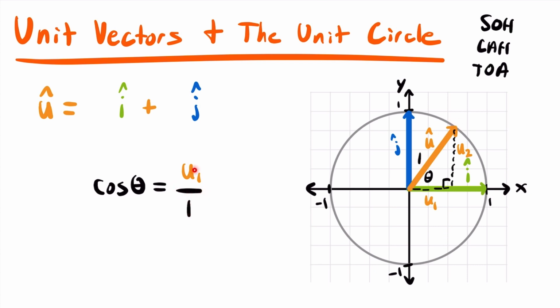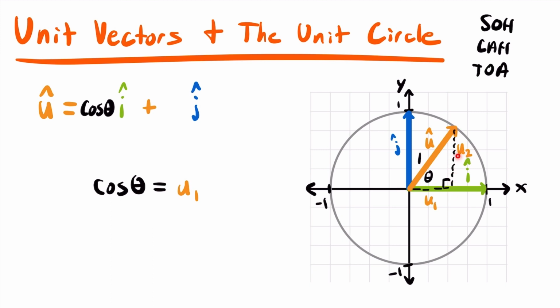But dividing anything by 1 doesn't change the value, so really what we have here is that cosine theta is equal to u1. Cosine theta represents this x value, or the x component of our unit vector. So cosine theta is the coefficient of vector i, or in other words, cosine theta is the x component of unit vector u.